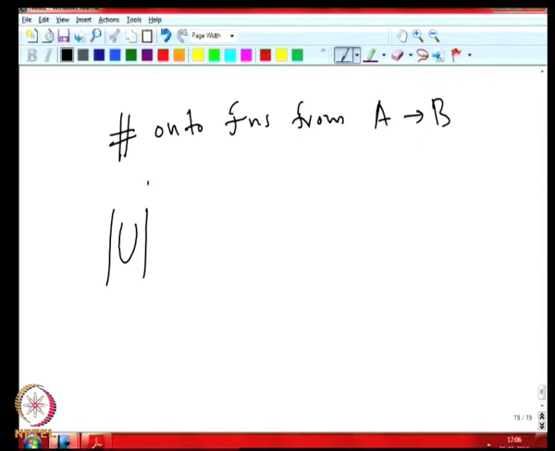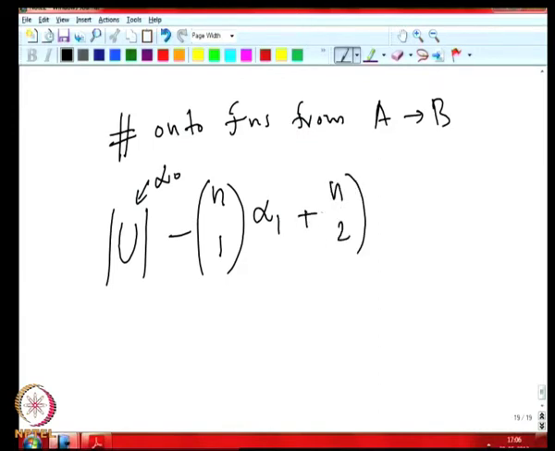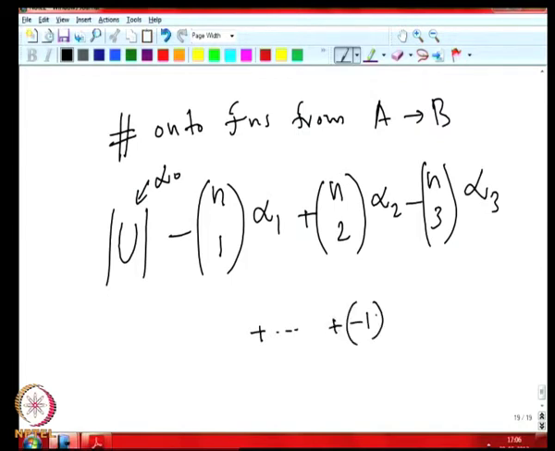If you call this alpha 0, it is alpha 0 minus n choose 1 alpha 1 plus n choose 2 alpha 2 minus n choose 3 alpha 3, and so on, up to minus 1 raised to n, n choose n alpha n. Here alpha 0 is n raised to m.